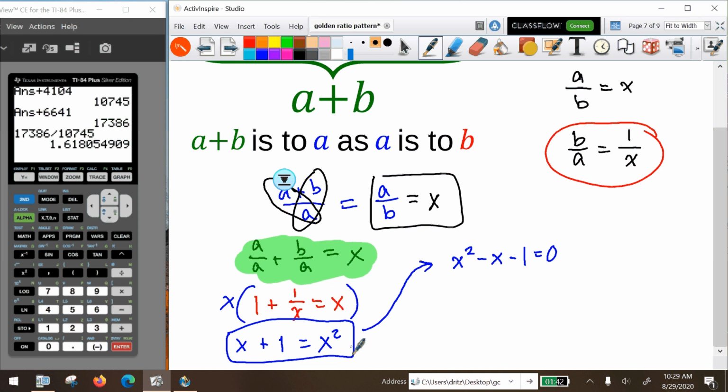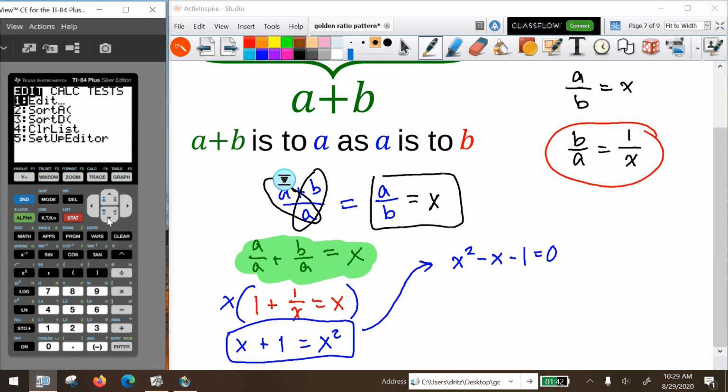There's a way you can solve quadratic equations. I'm not going to get into that right now because we're not there yet. So I'm just going to use a program that I wrote on my calculator. I went into program, then just use this program that I wrote. I can leave links in the description to how to program this in your calculator if you want to learn.